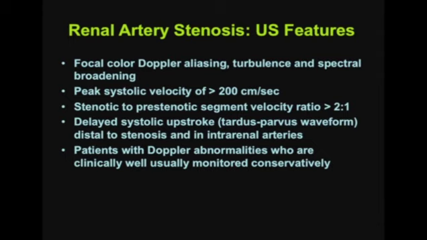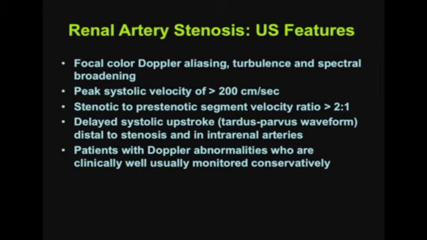With color and spectral Doppler, there may be focal color Doppler aliasing, turbulence and spectral broadening. We often see very high peak systolic velocities of greater than 200 centimeters per second at the site of stenosis, and or a ratio of stenotic to pre-stenotic segment velocity greater than 2 to 1.